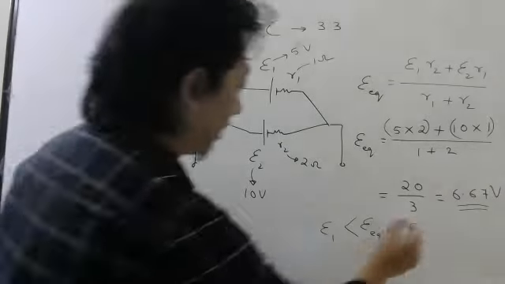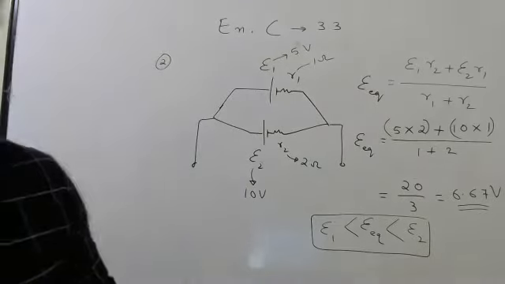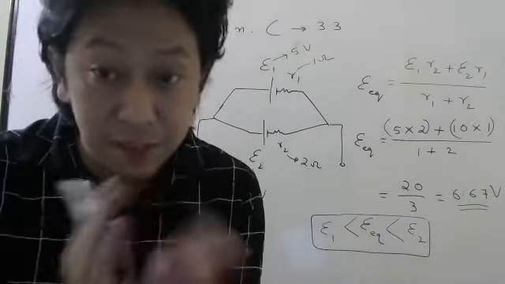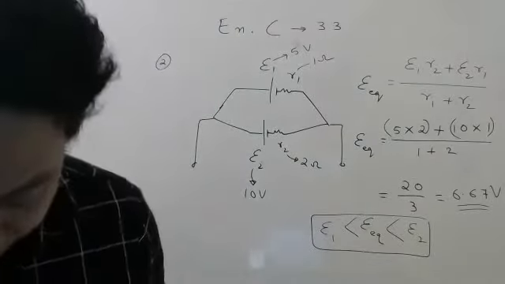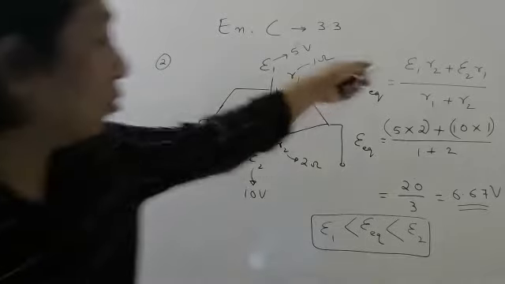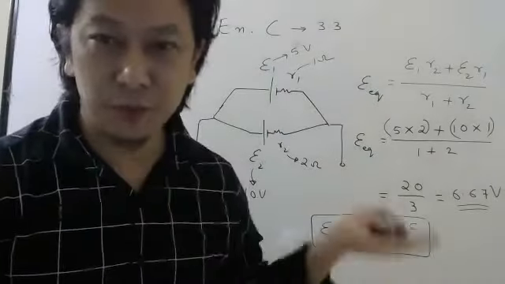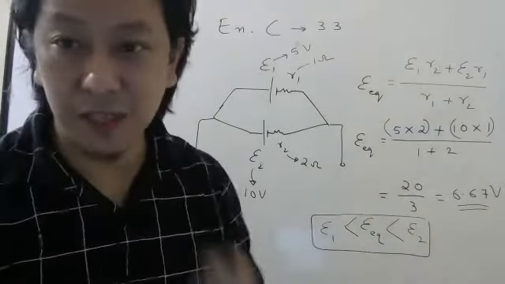This will be the right answer. So please remember, in parallel, the equivalent EMF will be in between the smaller one and the larger one. Keep in mind, this is how you can try to prove. Of course, analytically, if you try to prove, it will take time, so better to just substitute some values and check.